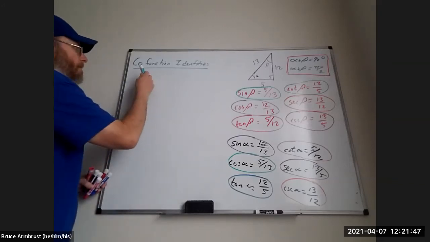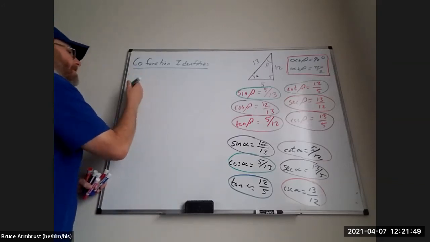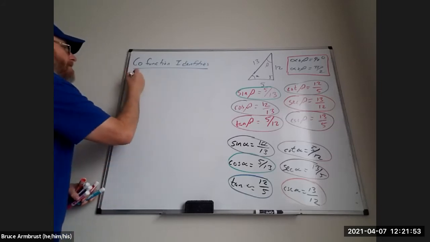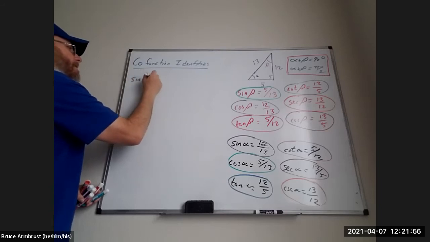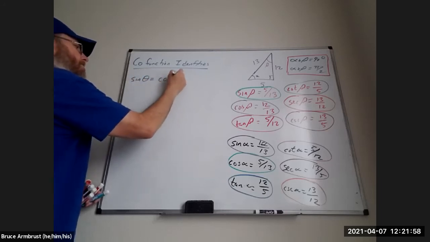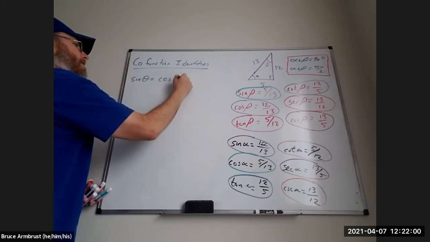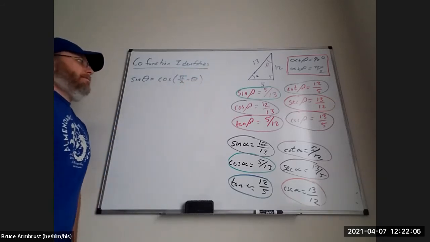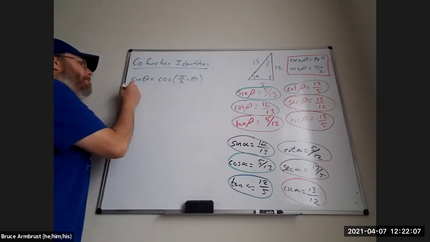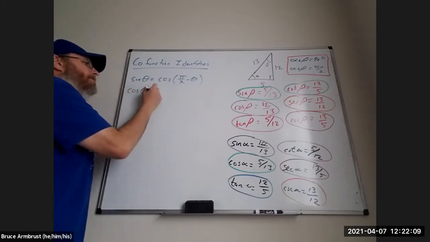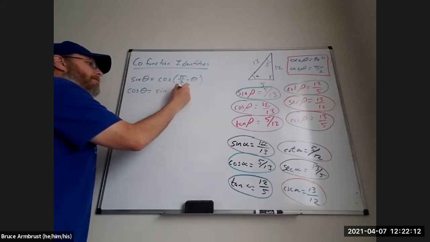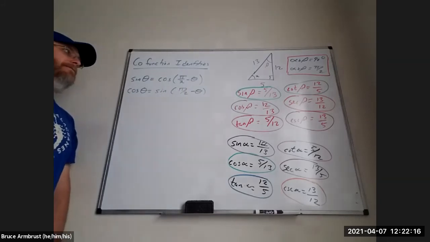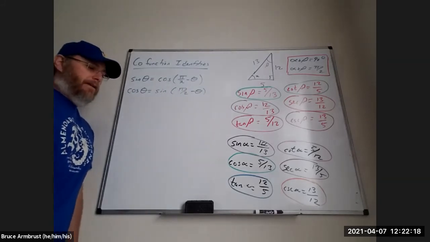So what we know is that the sine of theta, our first one, actually equals the cosine of pi over 2 minus theta. And we can actually make a similar statement for the cosine. The cosine of theta is the same as the sine of pi over 2 minus theta.